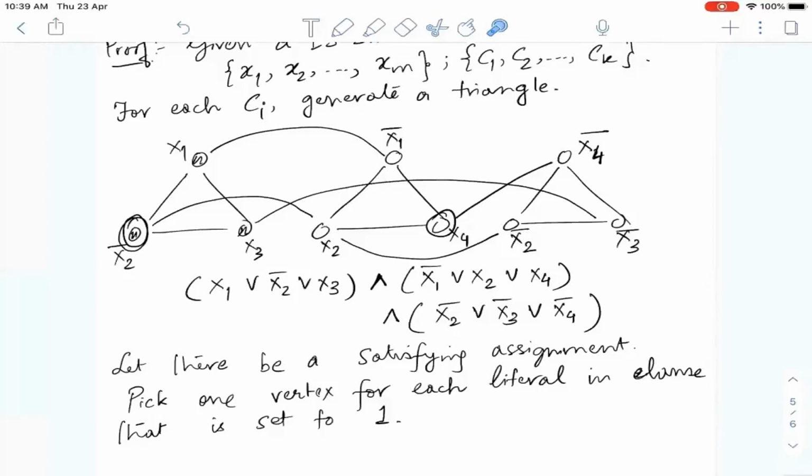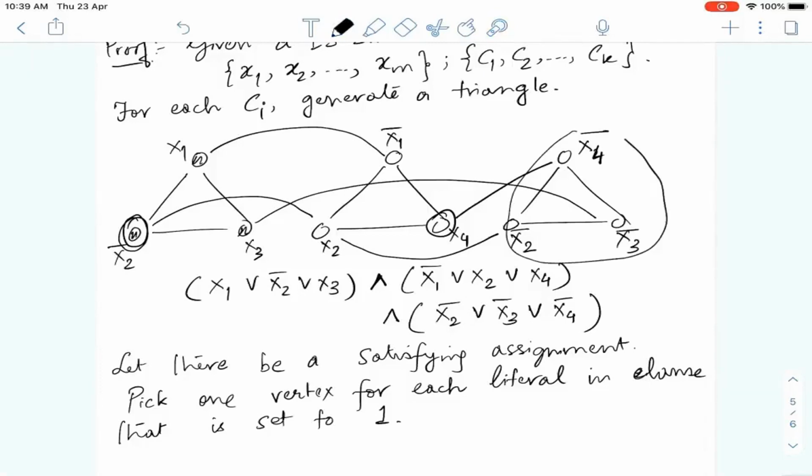Note that I think there was a slight confusion about this in the last lecture. Every time a particular literal appears in the formula, I make one copy of the corresponding vertex. So think of each of these x2 bars as independent copies of x2 bar that I'm making for reducing it to the independent set instance. These things are often known as gadgets. These are the gadgets of my reduction.